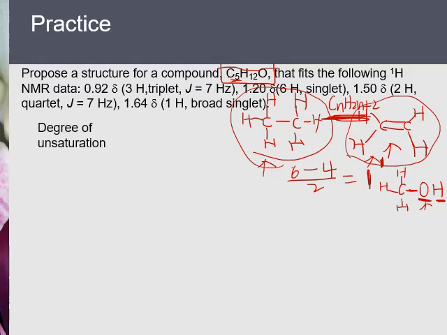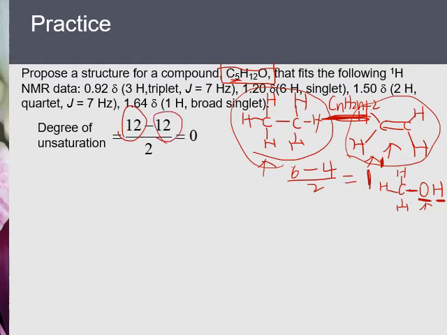So here n is 5, so 2 times 5 is 10 plus 2 is 12. You should have 12 as your alkane, and this molecule also has 12.